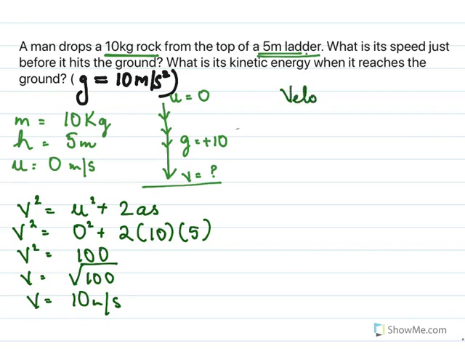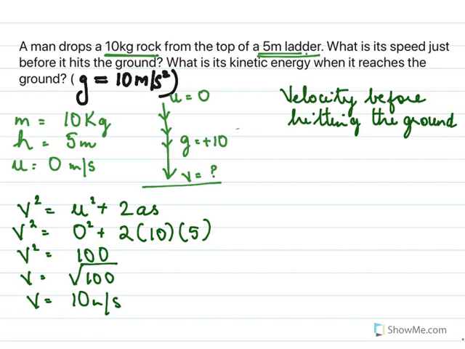So we write this velocity just before hitting the ground, that's the maximum velocity before hitting the ground, 10 meter per second.